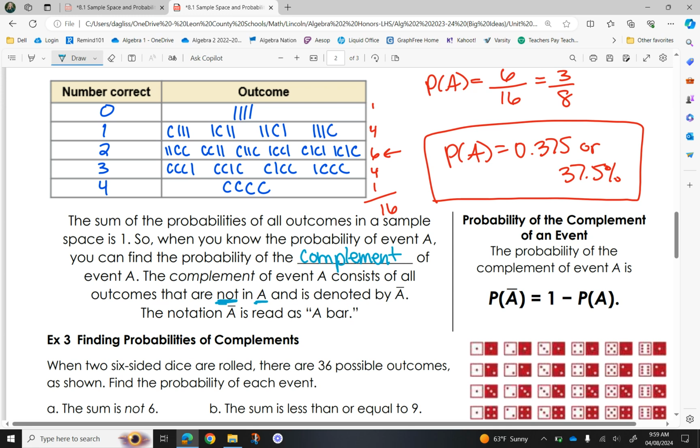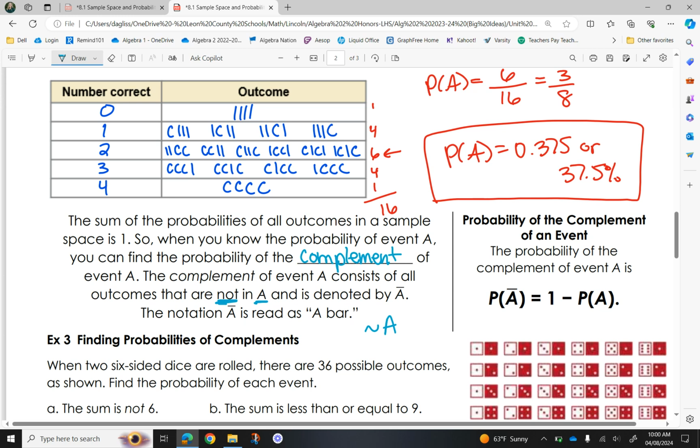It's denoted by a bar. This book uses an A with a bar on top. Other notations you might see is called a tilde, a little squiggle in front of an A. That also means not A. This book sticks with the A bar though, so that's what we're going to stick with. I wanted you to see both ways.